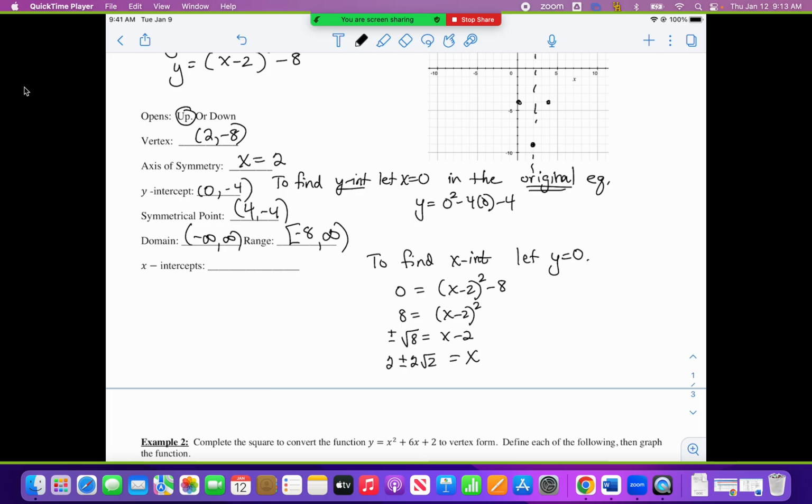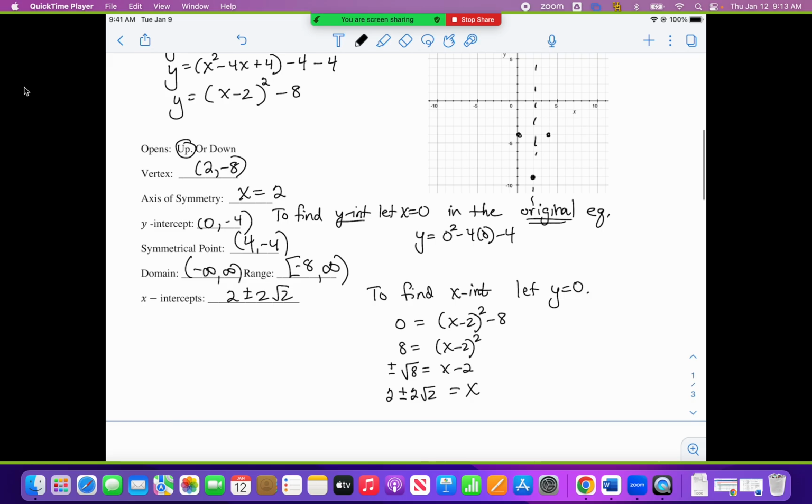The square root of 8 is the square root of 4 times 2, so that's 2 square root 2. So really, you'd need a calculator to figure out where those are, but at least I can, in fact, find them exactly.